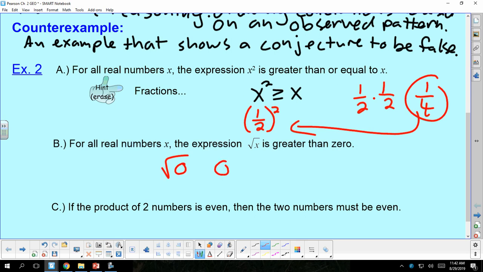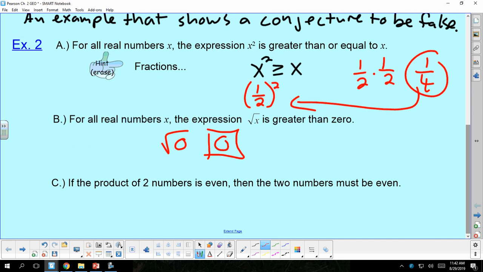Not greater than 0. So 0 is our single counterexample. What about this last one? See if you can come up with a counterexample to this conjecture.